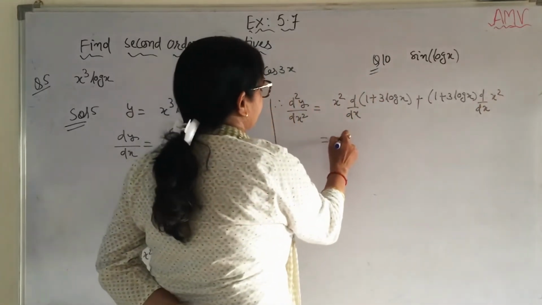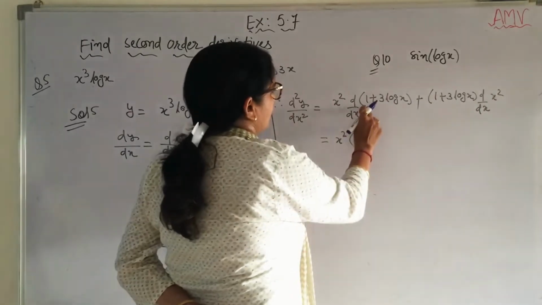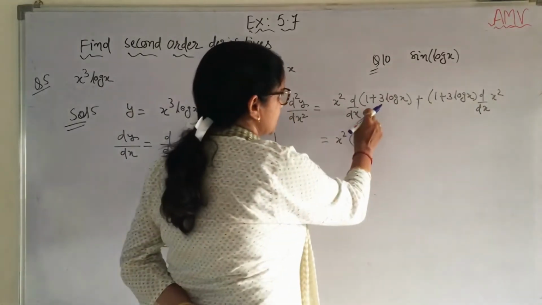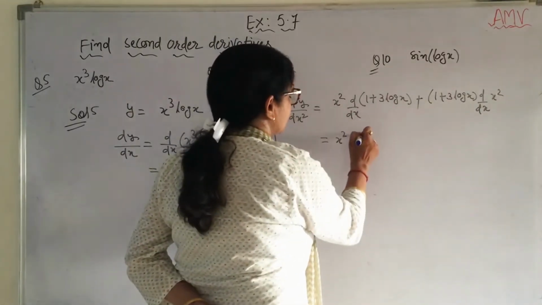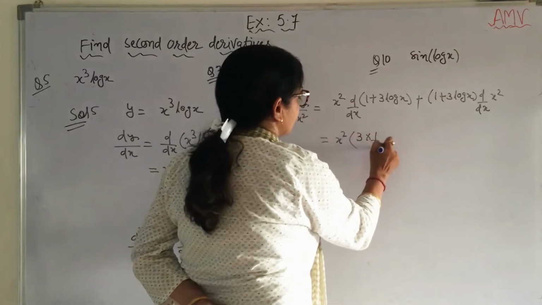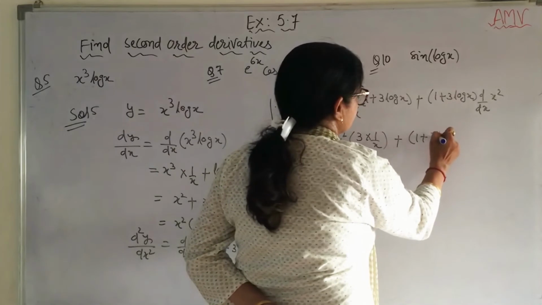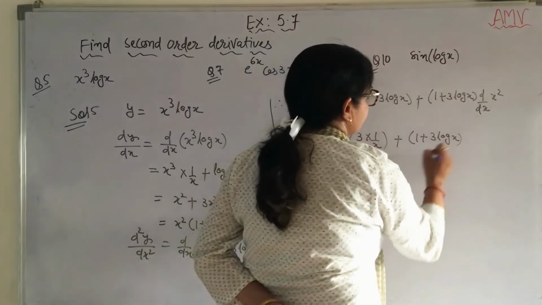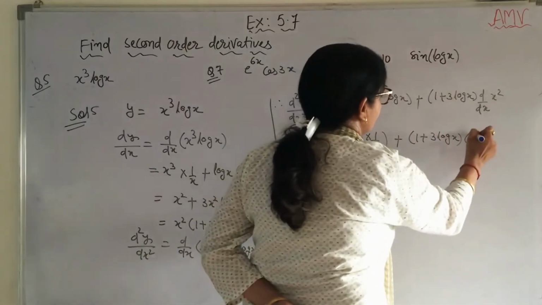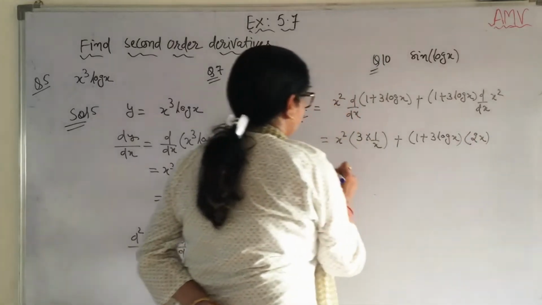You will find x square times, 1 is a constant so its derivative is 0, and from this term it is 3 into 1 by x. And here 1 plus 3 log x as it is, derivative of x square is 2x.